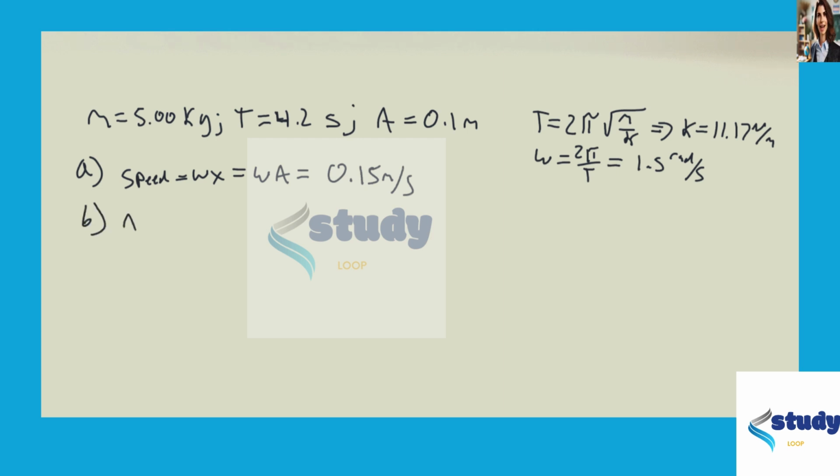The acceleration is given by negative omega squared x. So this is negative 1.5 squared times 0.05, which is negative 0.1125 meters per second squared.